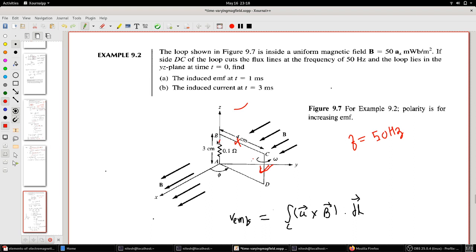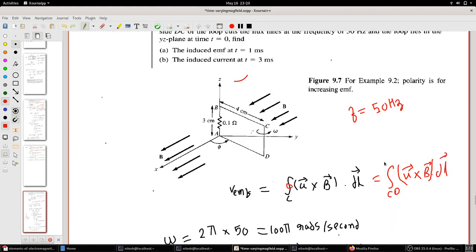So this guy will be 0, this guy will be 0, and this guy will be 0. So the whole formula of EMF, equal to the integral of u cross B dot dl, will turn into the integral of u cross B dot dl over the CD side, since the other parts have a u equal to 0.